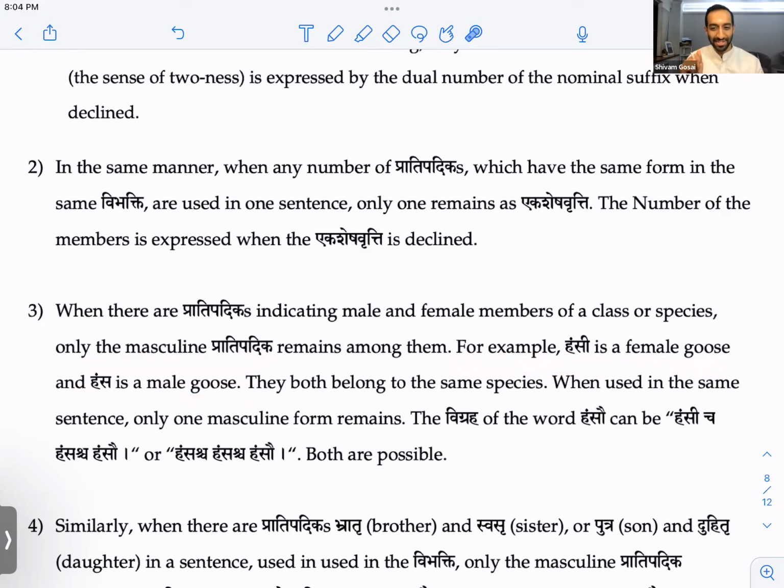They're both of the same species. When used in the same sentence, only the masculine remains. So you can say Hamsi-cha, Hamsascha, but finally you just get Hamso. Hamso will be masculine dual, but that doesn't mean there are two masculine Hamsas. There could be a female Hamsi and a male Hamsa.